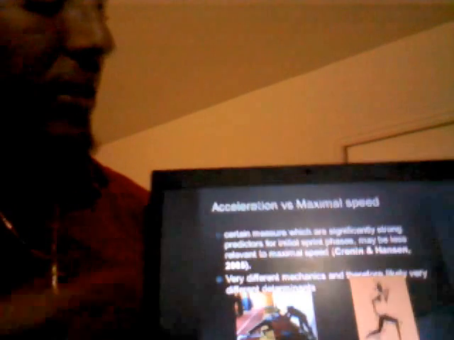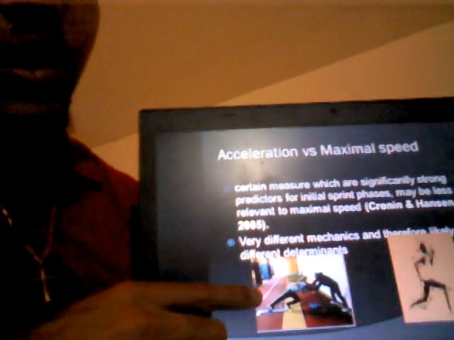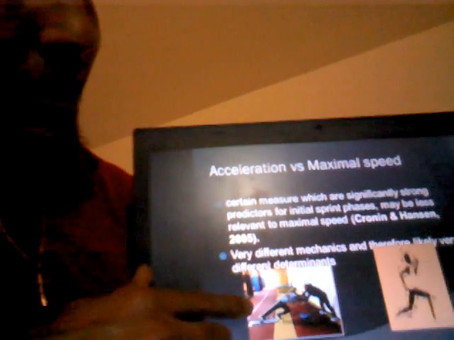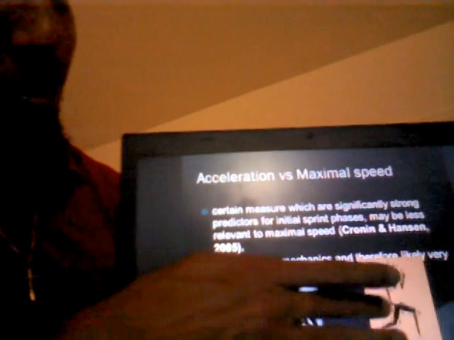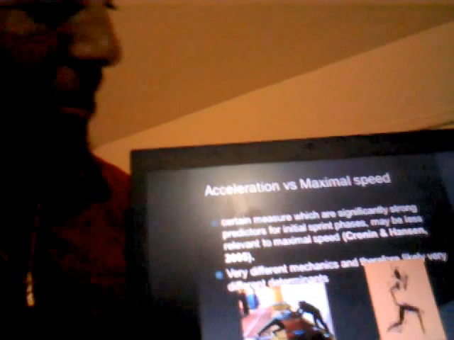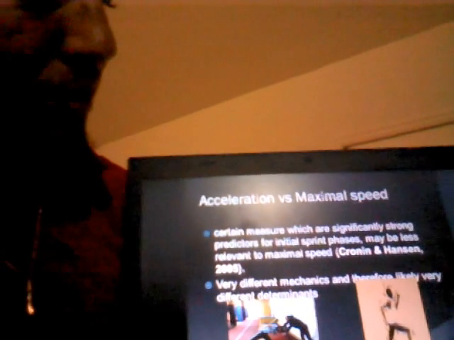The acceleration phase, as you can see in the image right here, has a lot of distinctions when compared with the top end speed phase.